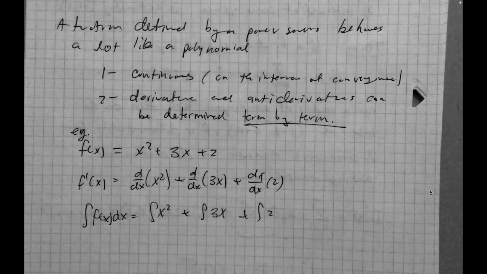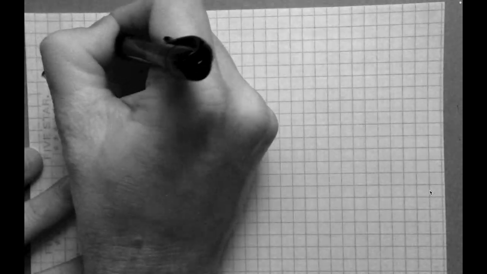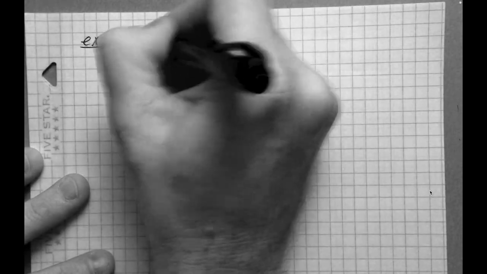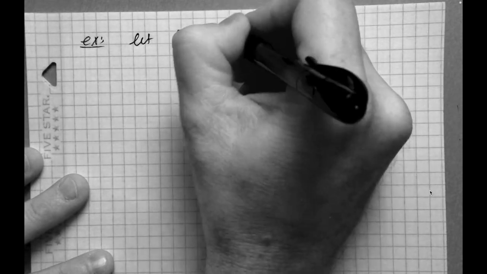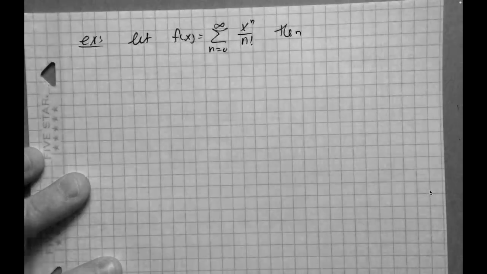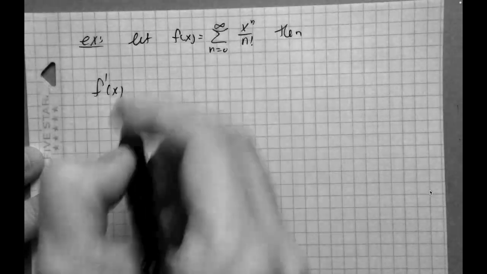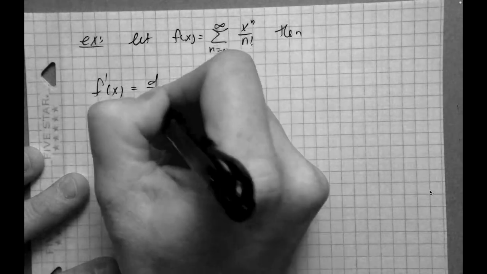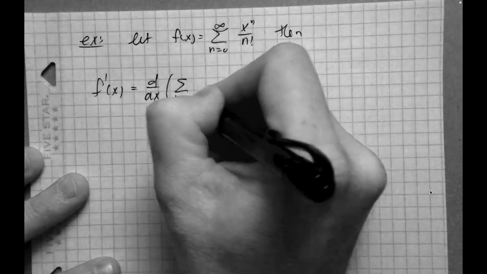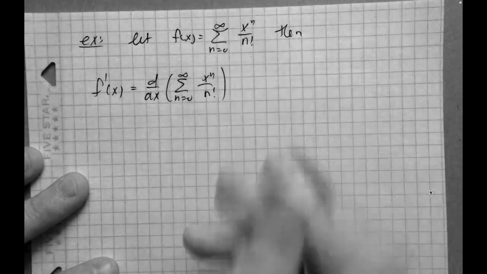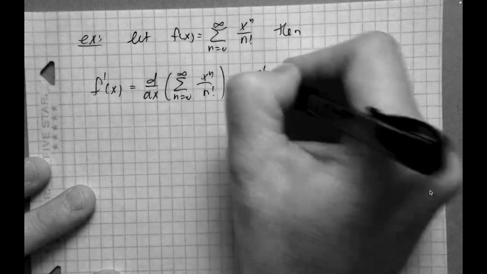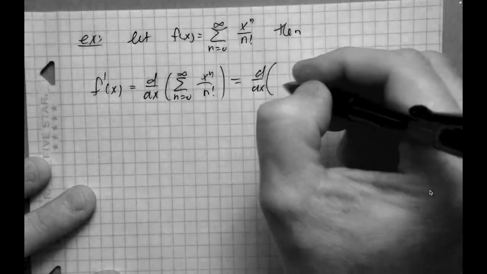Okay. So let's take a look at an example and see what this looks like in practice. So example, we'll let f of x equal the sum from 0 to infinity of x to the n over n factorial, one we've seen. Okay, so then what's the derivative here? So f prime of x is equal to d dx of the sum, which is basically d dx of, let's just write out some of the terms.